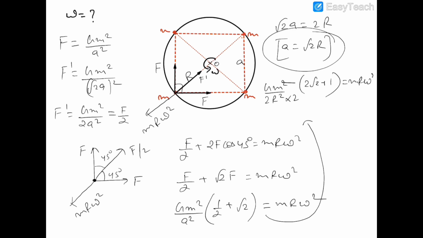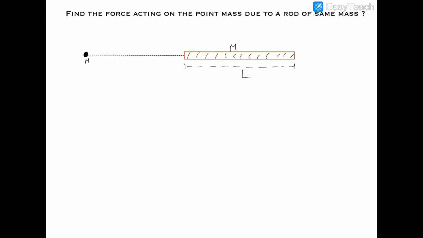So cancelling this m with m, omega will be equal to under root of G m (2 root 2 plus 1) upon 4 r cube. So this is the value of omega, which is the angular velocity with which this system is rotating about the center.